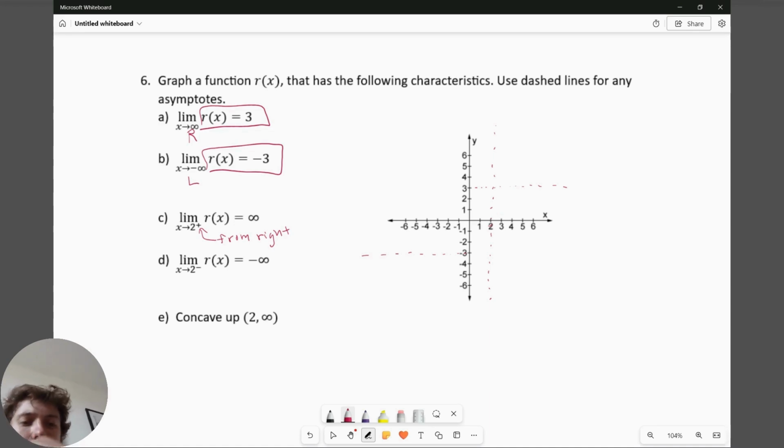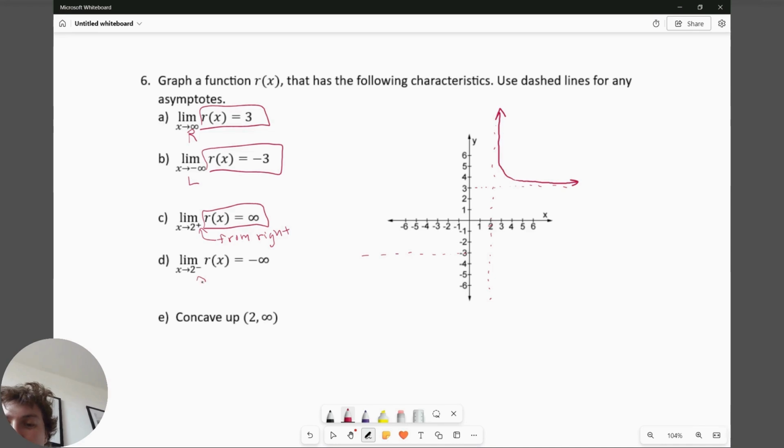Okay, but I have an asymptote now at 2, and on the right side of that asymptote, as I get closer to 2 from the right, my graph is going to go towards infinity. Well, that means my function is going towards infinity. That means my function is going up. So from the right side of 2, my graph goes up. Well, that fills in this other side for me. That means this side must go there along that value of 3.